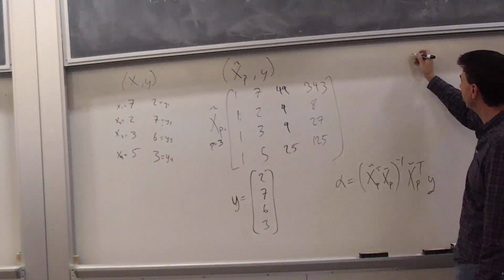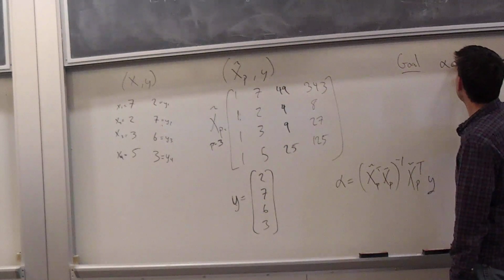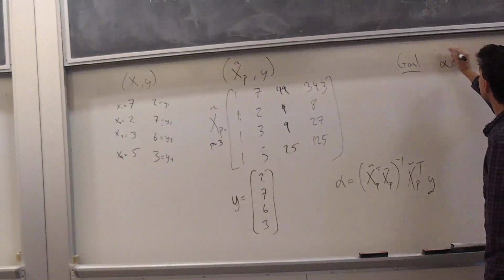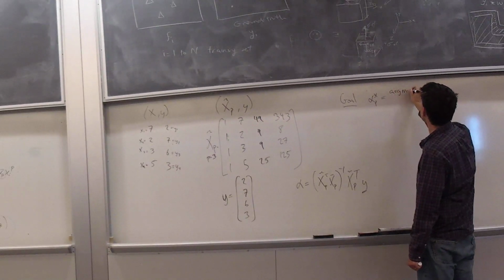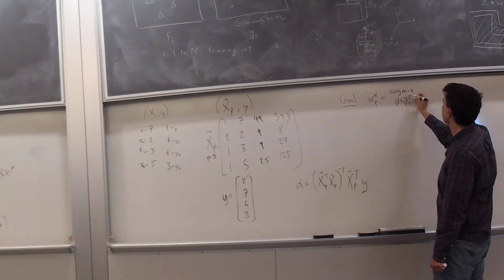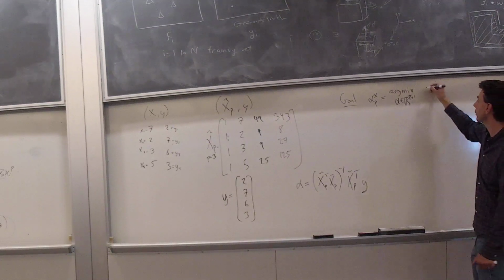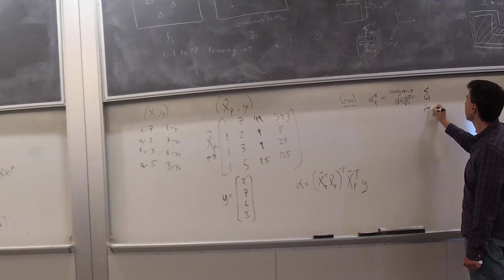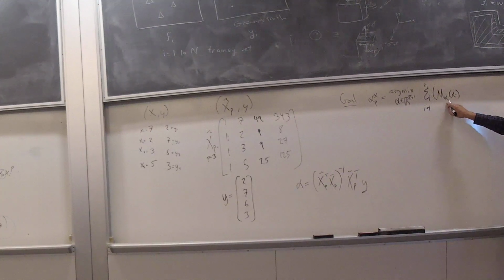And again, just to review while we have this all up here. The goal is the alpha in R^(p+1), which I'll call alpha p star, which is equal to the arg min over alpha in R^(p+1), the p plus one-dimensional vector, which is going to minimize the sum over i up to n of this model minus the yi value, squared.